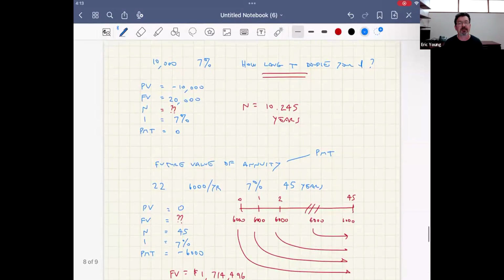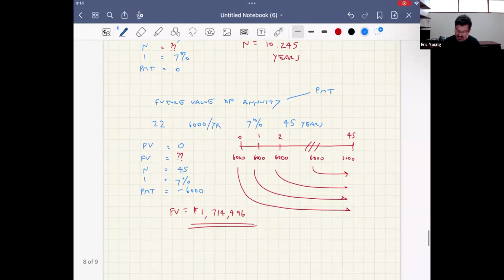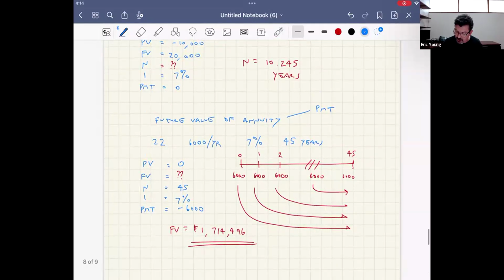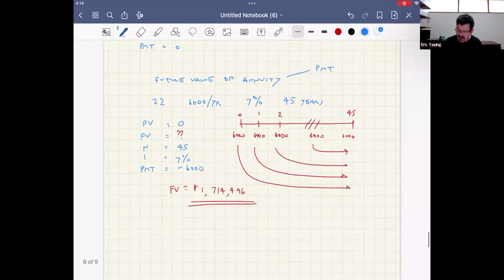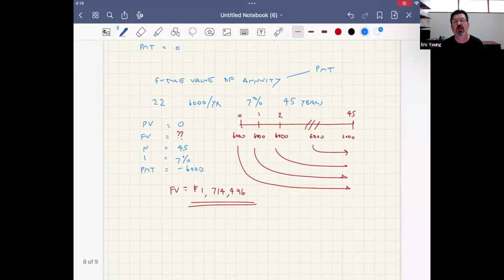Look at this problem that we just did. We said that you're going to contribute $6,000 once per year. What if instead of putting in $6,000 once per year, you wanted to put in $500 per month?